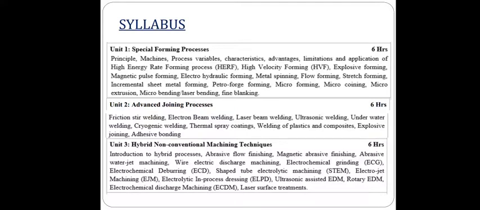In unit 3rd we will discuss hybrid and non-conventional machining techniques like introduction to hydraulic processes, abrasive flow finishing, magnetic abrasive finishing, abrasive water jet machining, wire electric discharge machining, electrochemical grinding, electrochemical deburring, shaped tube electrolytic machining, electrojet machining, ultrasonic assisted EDM, rotary EDM, electro discharge machining, etc. These machining techniques we will discuss in unit 3rd.